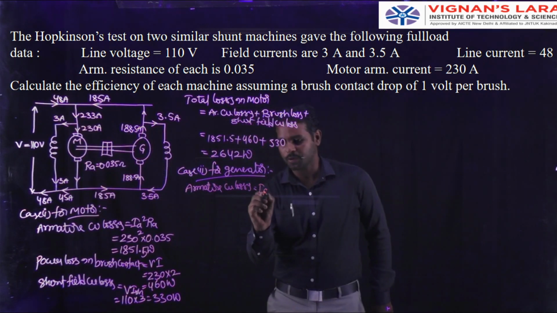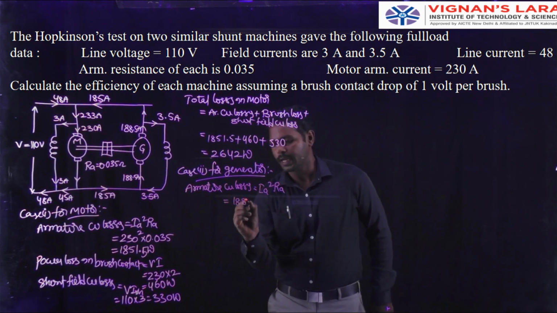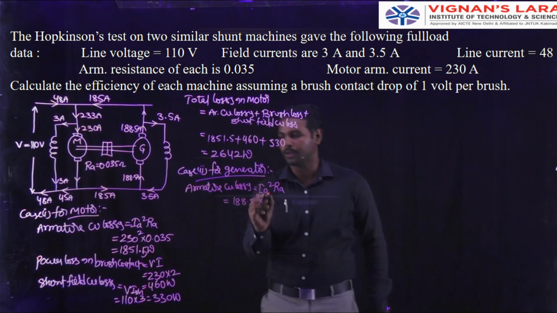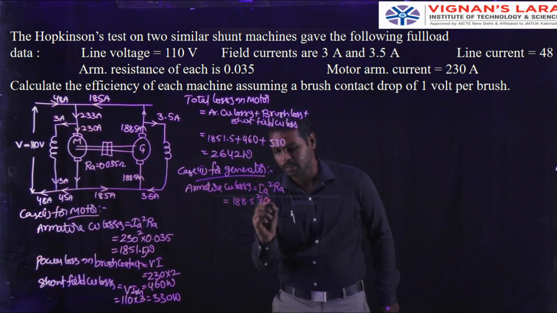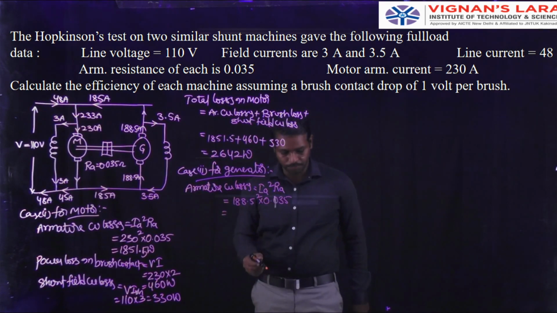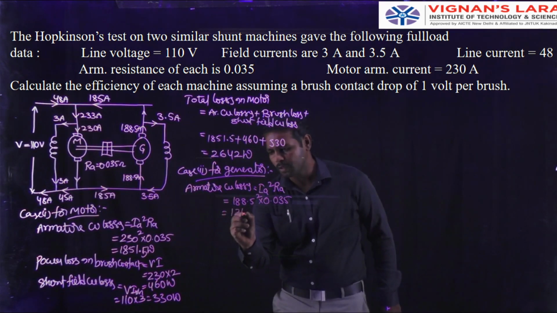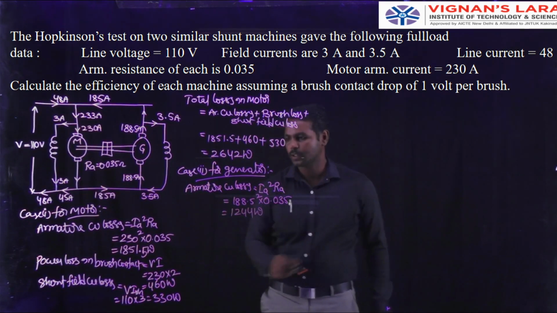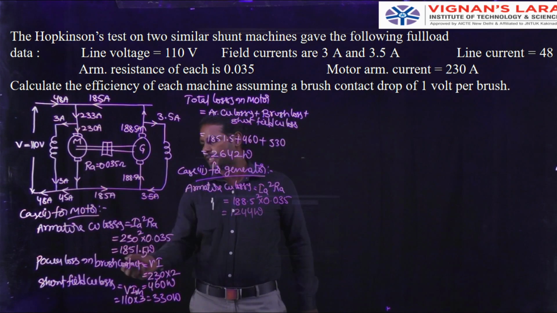So Ia square into Ra is equal to 188.5 whole square into Ra, 0.035, which is equal to 1244 watts, the armature copper losses.